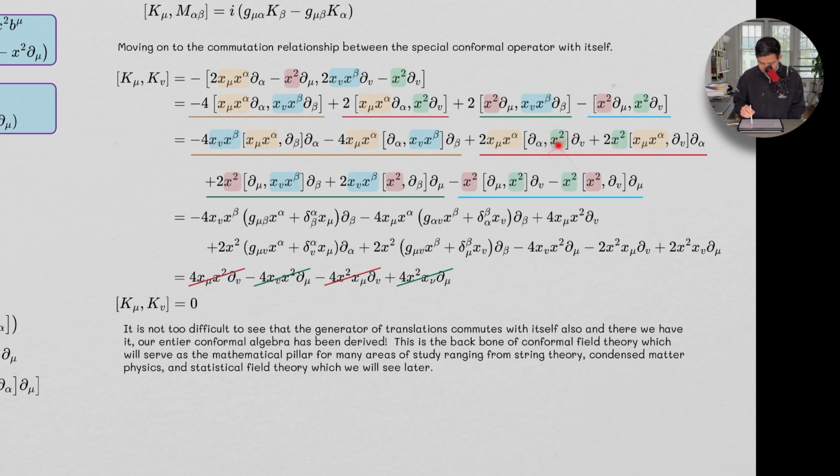This right here is going to be right here, because we have, let's see, that's going to be 2x mu sum over alpha, and then we have, oh no, wait, we have a 4. Where does this come from?